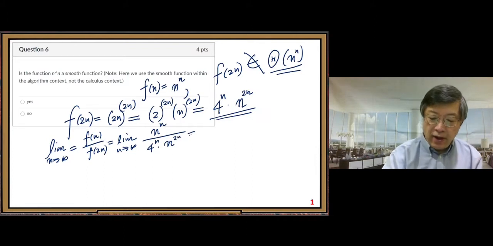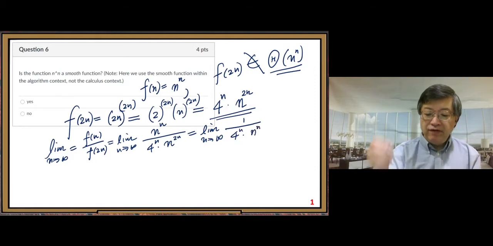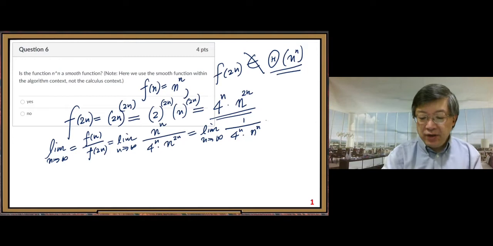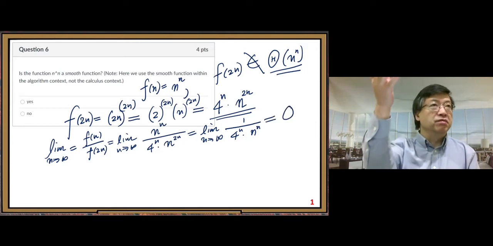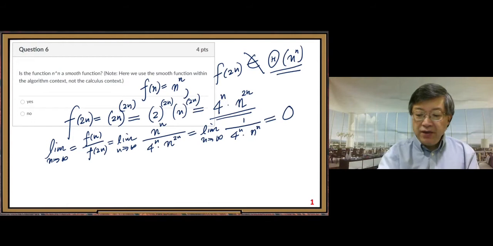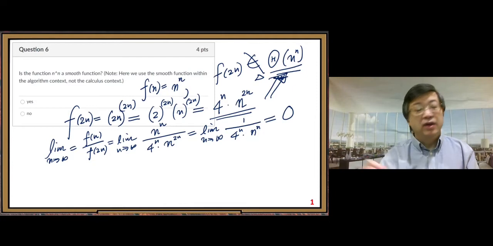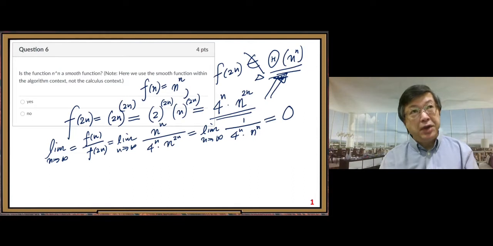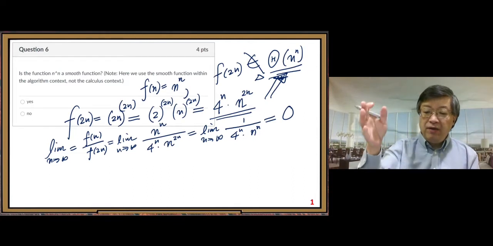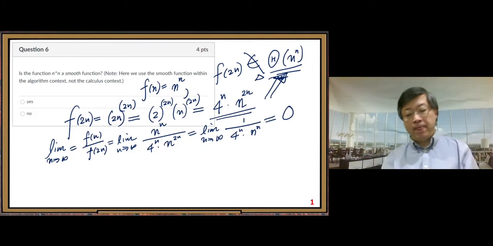After simplification, you can see numerator 1, denominator very big. It is very easy to see this limit equals 0. So you can easily see f of 2n does not belong to big theta of n to the nth. All right, so that's question number 6.